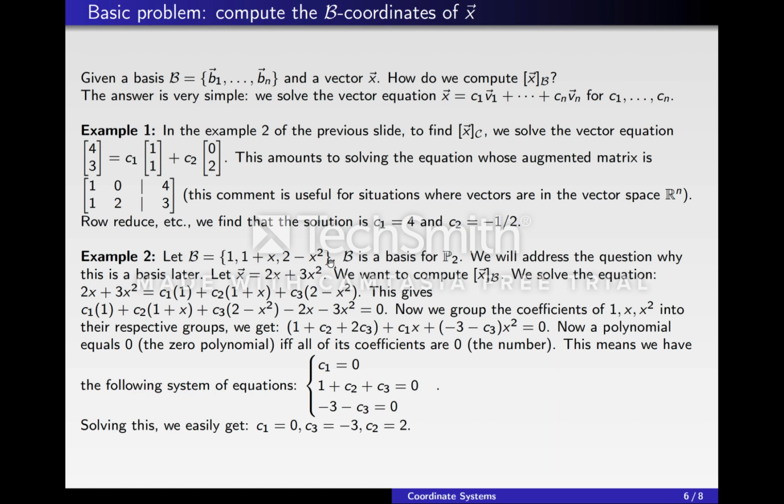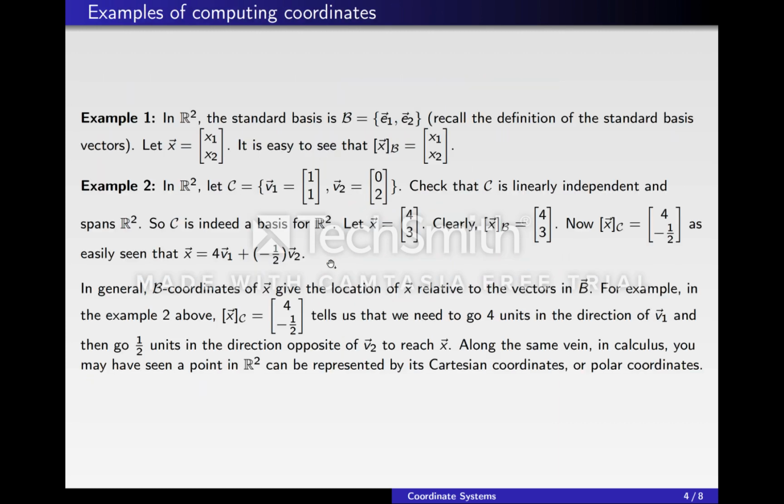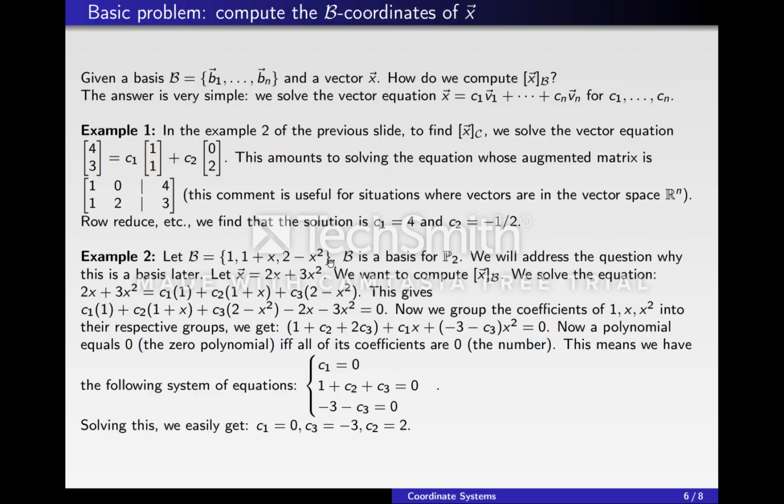So let's go back to the previous slides on example 2 there, right? We have our basis v1 and v2, so (1, 1) and (0, 2), and x is (4, 3), right? And so we are looking for c1 and c2 now, expressing (4, 3), namely the vector x, as c1 times v1, so in this case c1 times (1, 1), plus c2 times v2, so c2 times (0, 2).